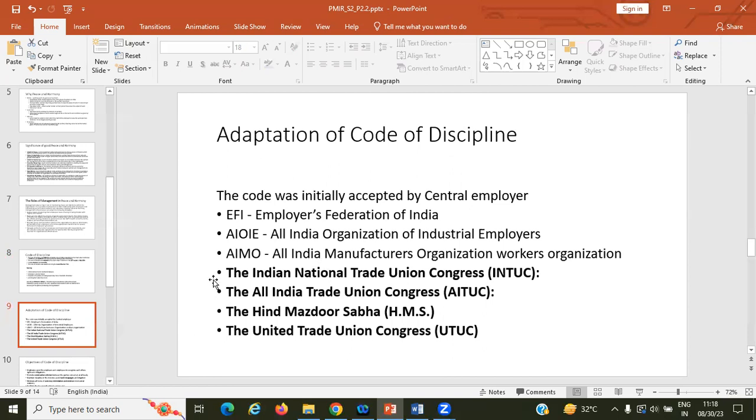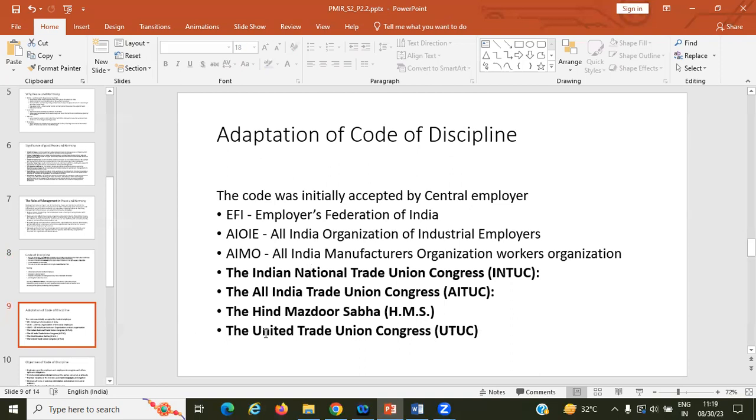Then there are four trade unions. These we studied, the different trade unions, in semester 1. Indian National Trade Union Congress, INTUC. AITUC, All India Trade Union Congress. HMS, Hind Mazdoor Sabha. United Trade Union Congress, UTUC.